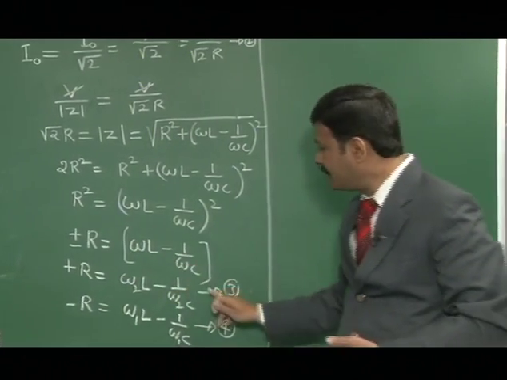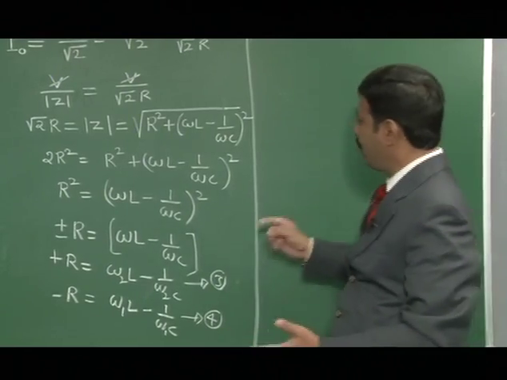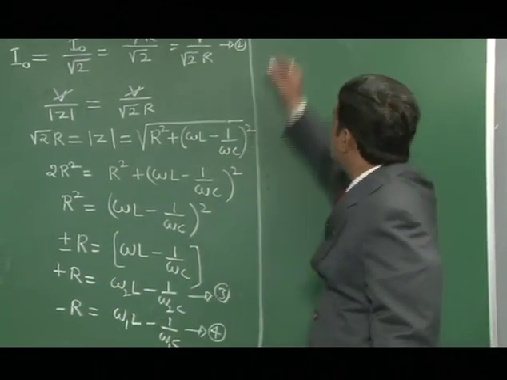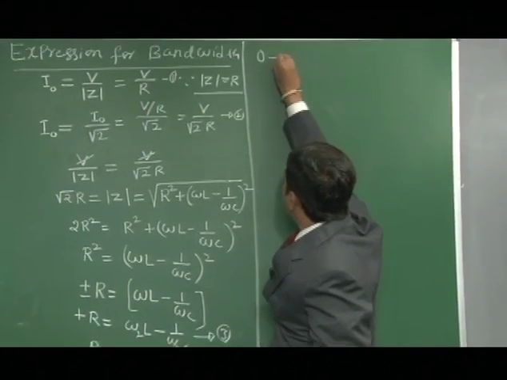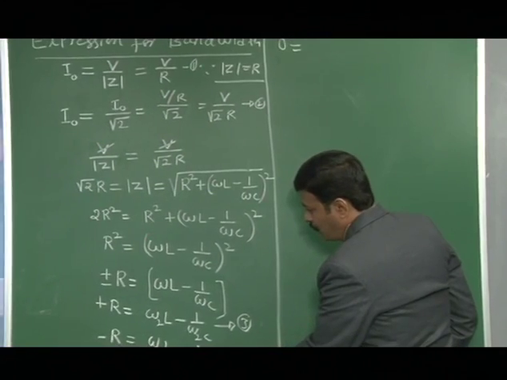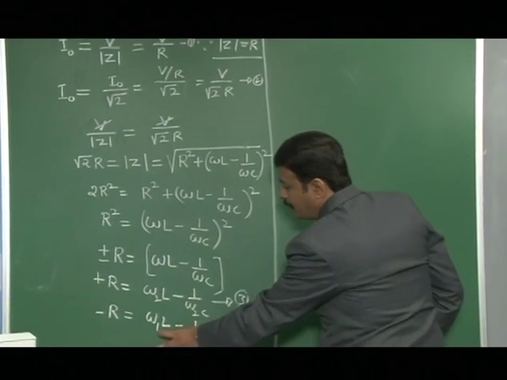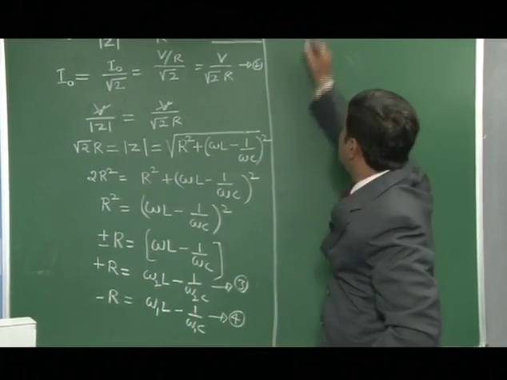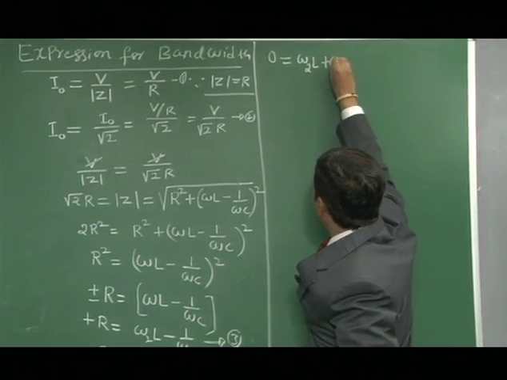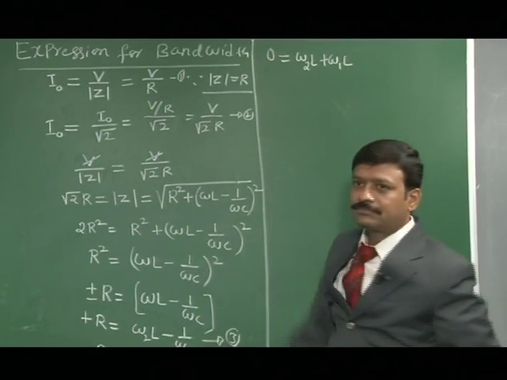First, add equation 3 and 4. If you add R with minus R, you will get 0 is equal to omega 2L plus omega 1L.